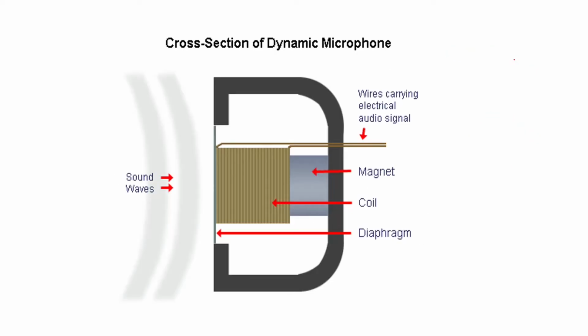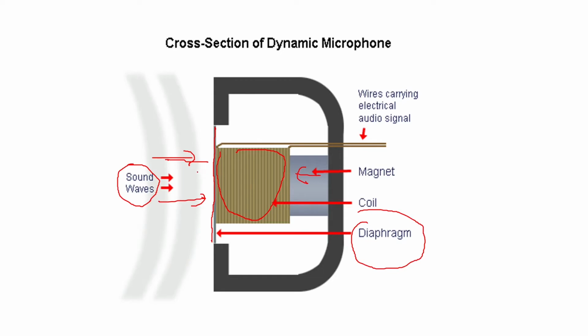Now here you can see one more diagram. In this also we have shown the same thing. Here are your sound waves which will come, and this is your moving coil. This is the permanent magnet. So the coil is placed in the magnetic field of the permanent magnet. When the sound waves hit the diaphragm, the line shown here, the diaphragm will vibrate.